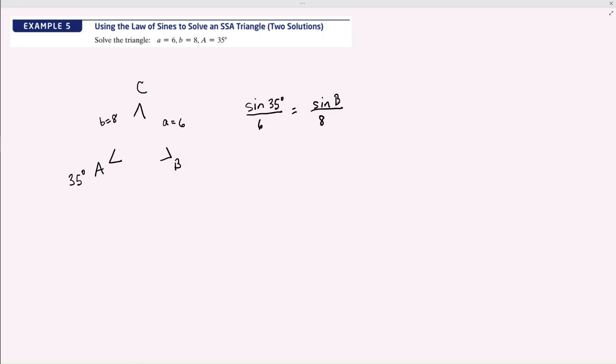Okay, and so to solve this for sine of B, we're just going to multiply 8 on both sides. So I'm going to write the sine of B on the left-hand side here. And that's going to be equal to, so 8 over 6 is going to reduce to 4/3 times the sine of 35 degrees.